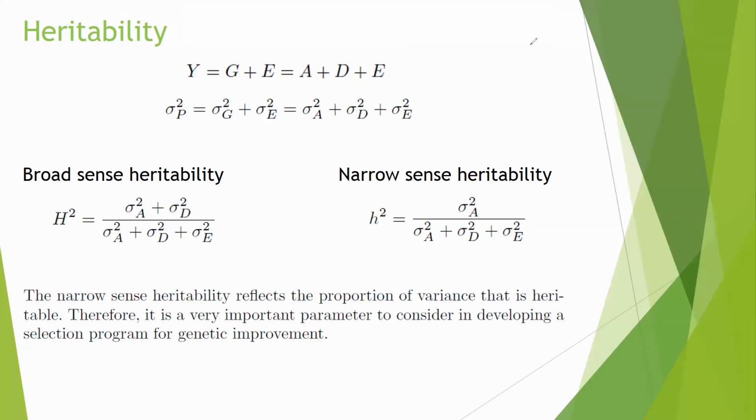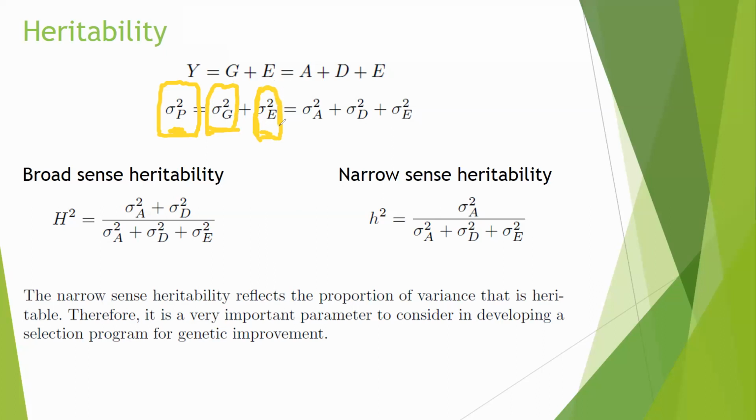For example, if we are interested in the total variance of the phenotypes, we can decompose this total phenotypic variance into two parts. The first part is the variation due to the genetic effects, and another one is due to the environmental or random error, right?